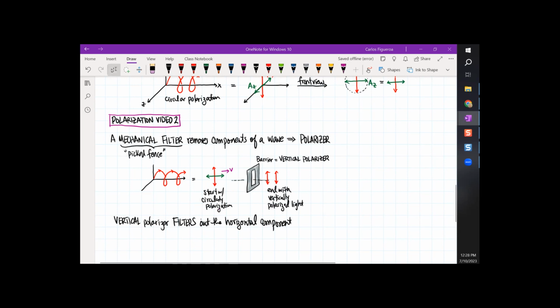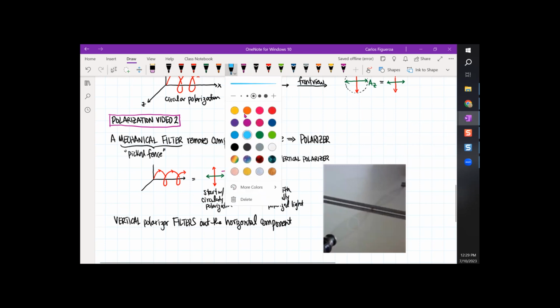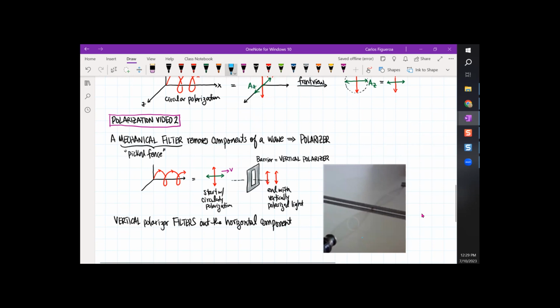And again, here's a very nice image from Wikipedia that looks like this. And what you're seeing in this image here is that look what you're getting here. You can see that right here, this guy right here, this is circular polarization.